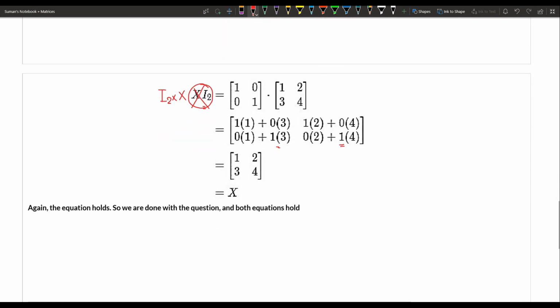Obviously that also gives the result 1, 2, 3, 4, the non-zero matrix X itself. So we can say X into In of any order is equal to In into X, and we get the non-zero matrix X itself. That is the matrix multiplication with the zero matrix and also with the identity matrix.